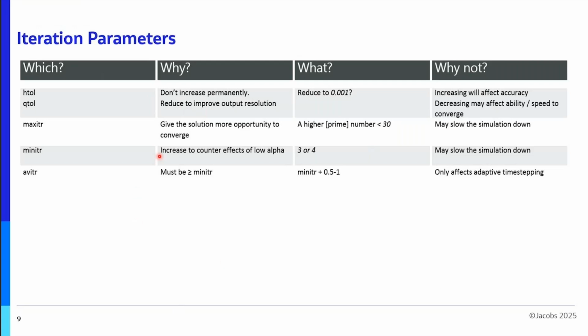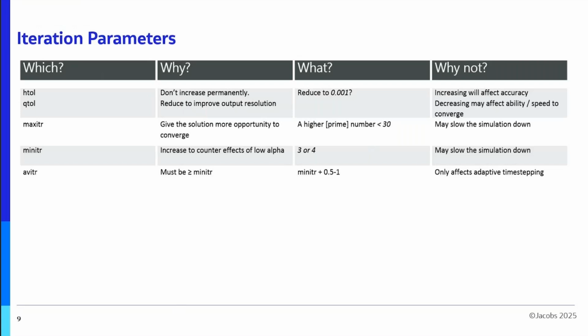For min-iter, essentially the reason why you would increase min-iter is to reduce some mass balance error and dilute as well some negative effects associated with the change of alpha, which you will understand in the next slide, when I'm going to talk about alpha, why min-iter can counteract some adverse effects associated with changing alpha.